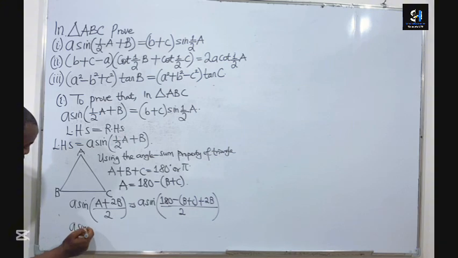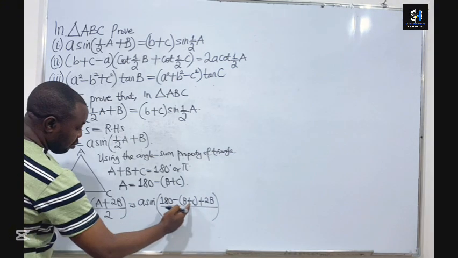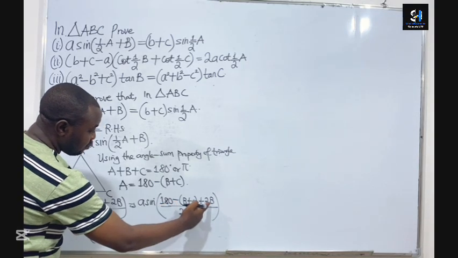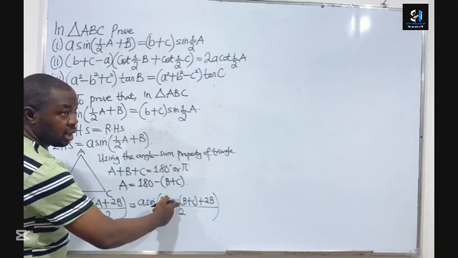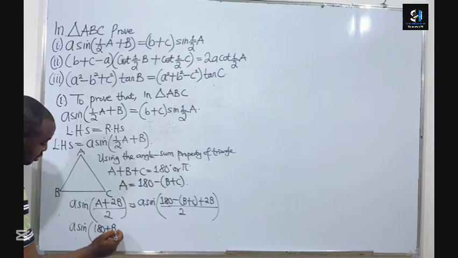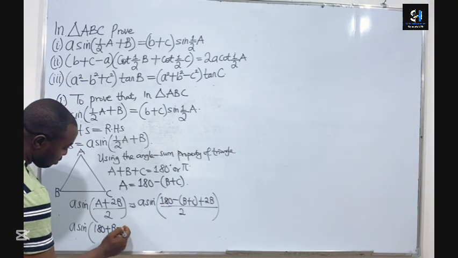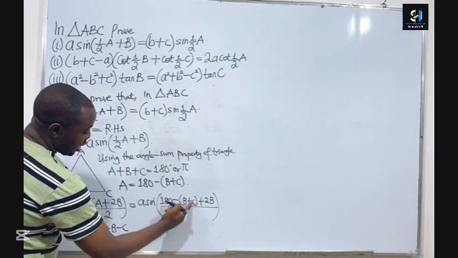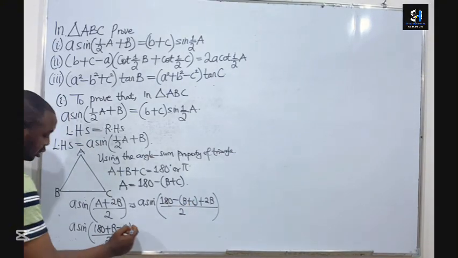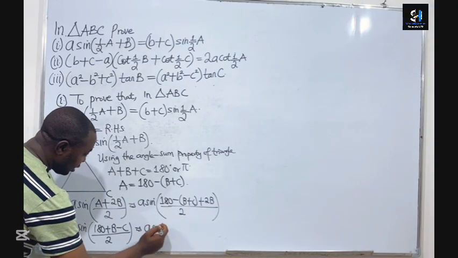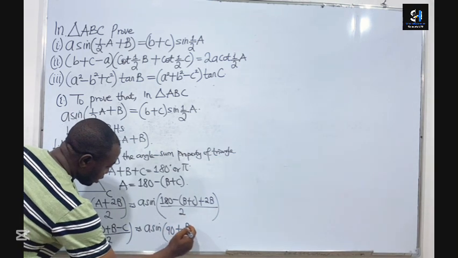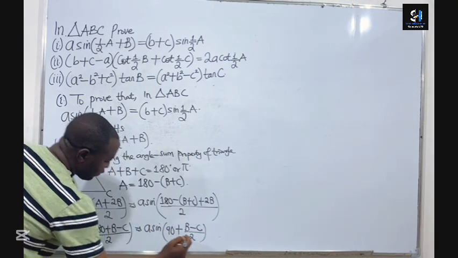Now if we open the parentheses, distributing the minus, we're going to have 2B minus B, that will be 1B. So this will be 180 plus B, then minus C, because minus times plus will be minus, then divided by 2. So I'm going to divide this. This will be a sine of (90 plus (B minus C) over 2).